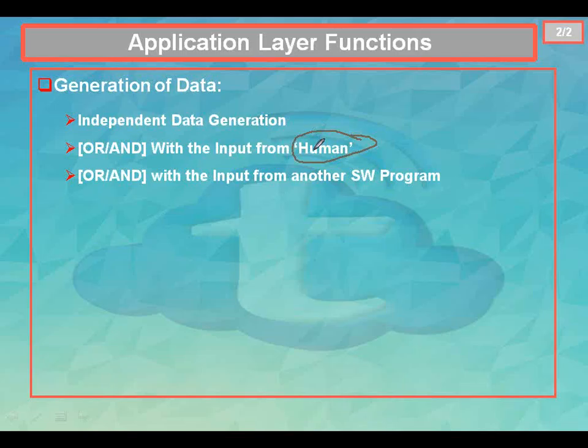Are you understanding the difference now? Human input, and some is taken on its own. Sometimes it can take the data from another software program. What is that? You have a camera, you have WhatsApp. Camera is a different application in your mobile. WhatsApp is a different application.